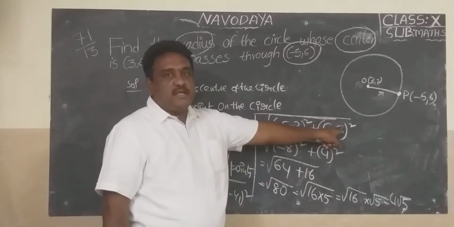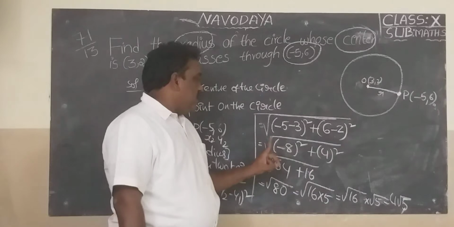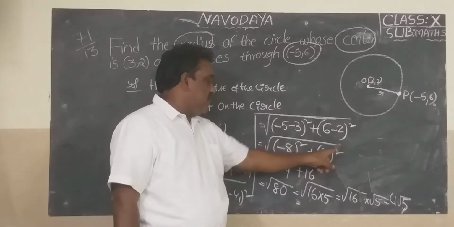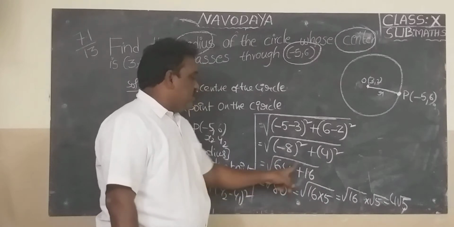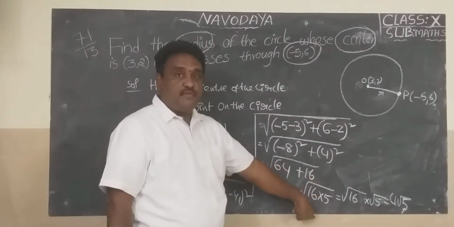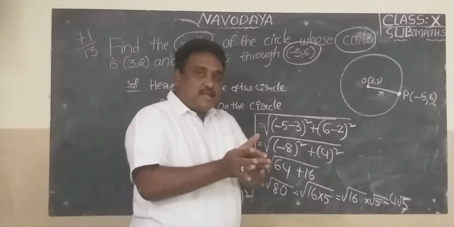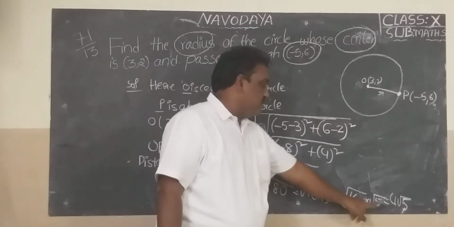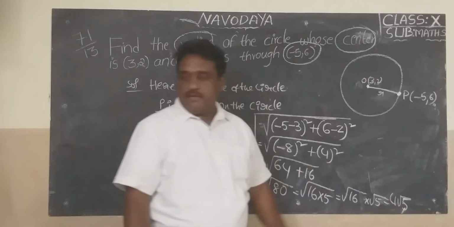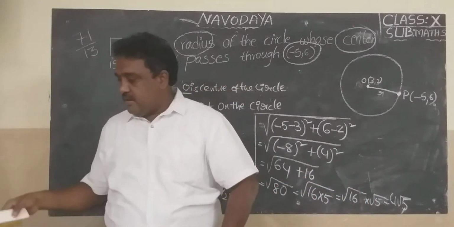What is 6 minus 2? 4, whole square. What is minus 8 whole square? 64. What is 4 whole square? 16. 64 plus 16 is how much? 80. How to write 80? 16 into 5. Then separate the root: root 16 into root 5. What is root 16? 4 root 5. So that is problem number 13.